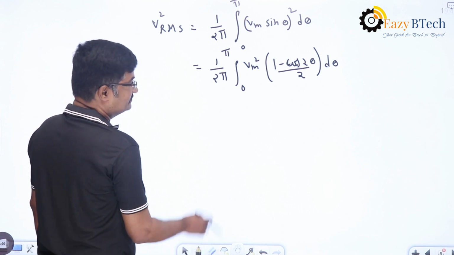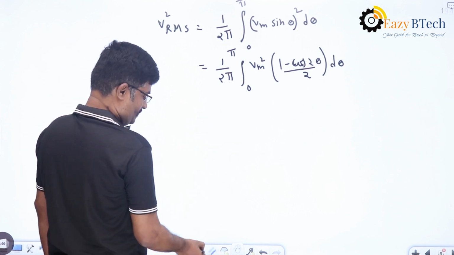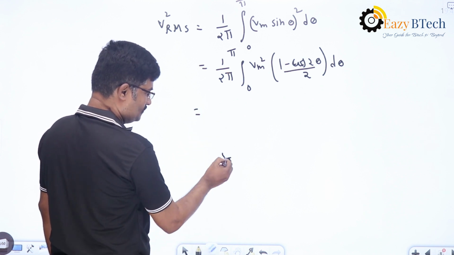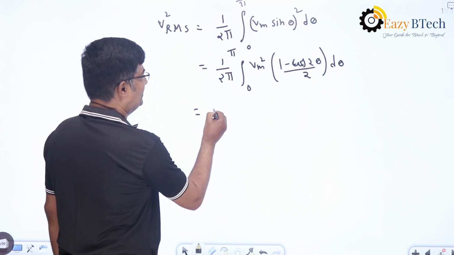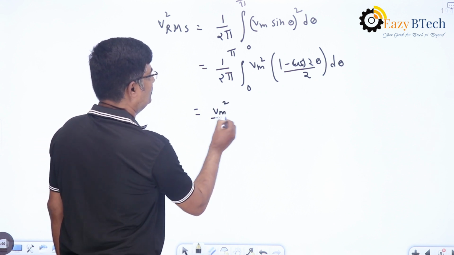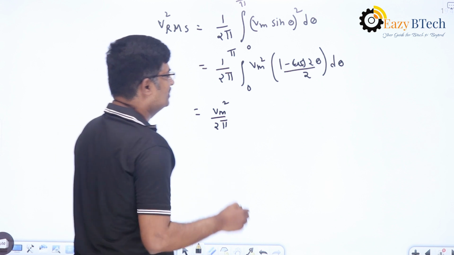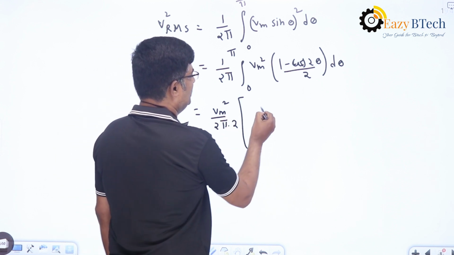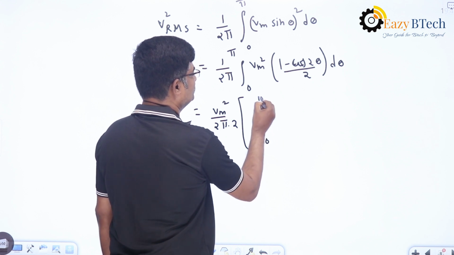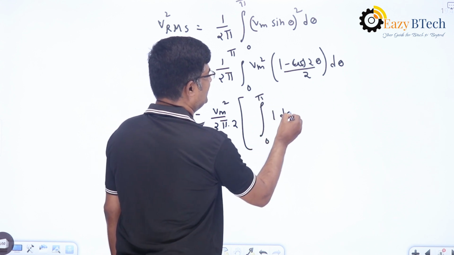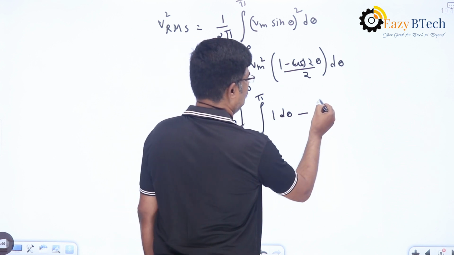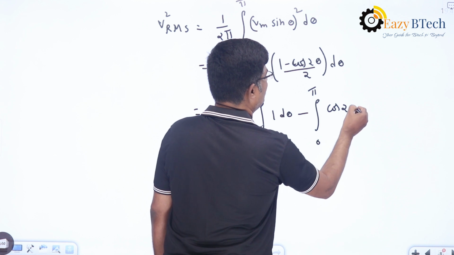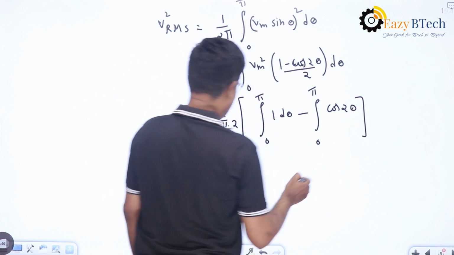So here what is happening? Vm square, I am bringing out Vm square by 2 pi. I am bringing out this 2 also. Limits 0 to pi, 1 into d theta minus integral 0 to pi cos 2 theta d theta.